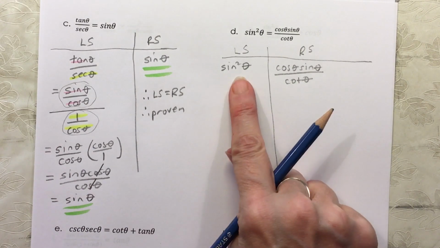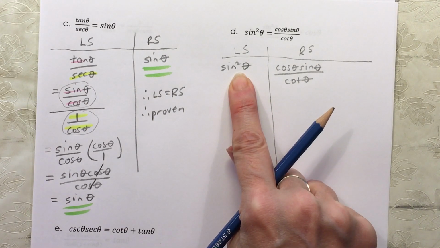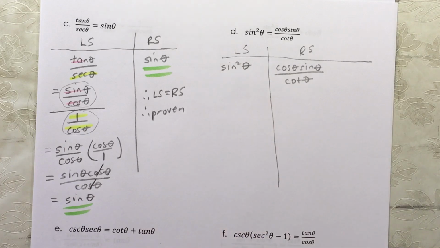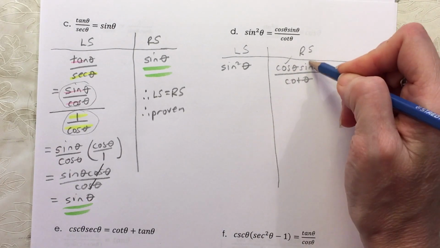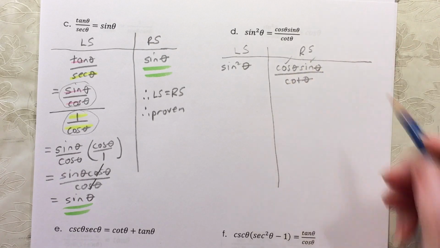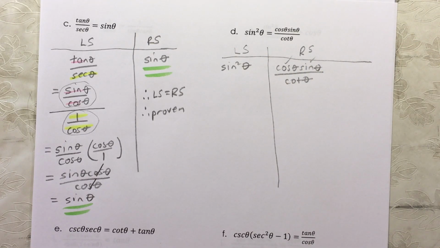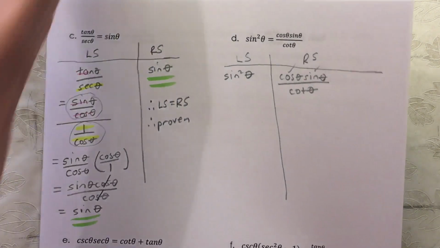The left side's in terms of sine, it's sine squared theta, but it's in terms of the building blocks, sine and cos. And cos is fine, sine is fine. Let's see if there's a way to rewrite cotan, so it's in terms of sine and or cos or both. And we can.